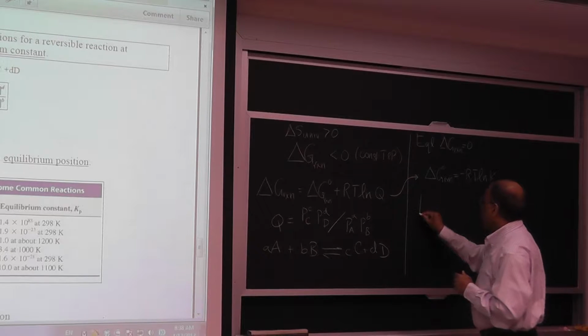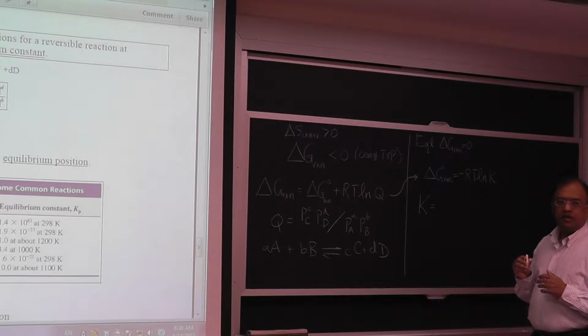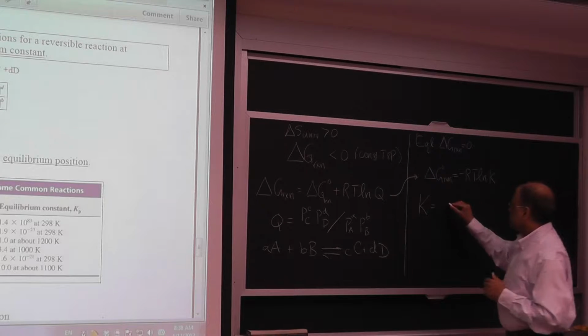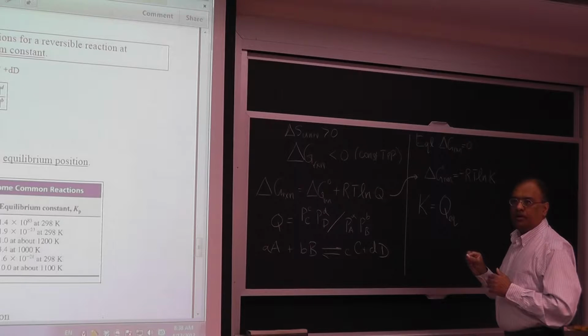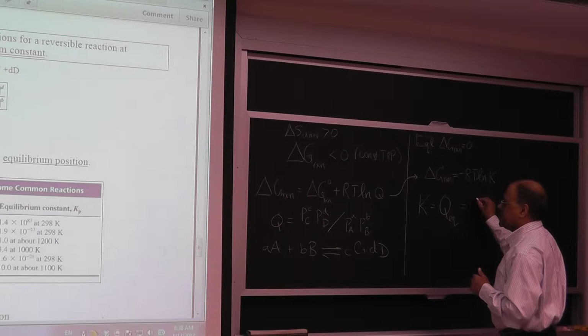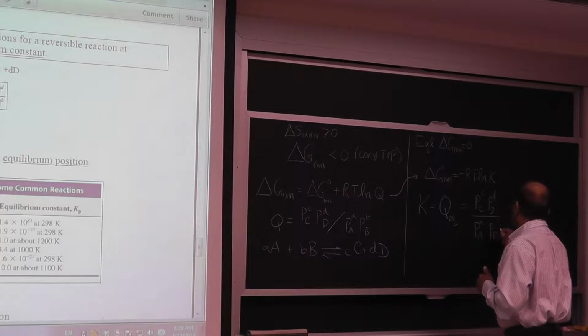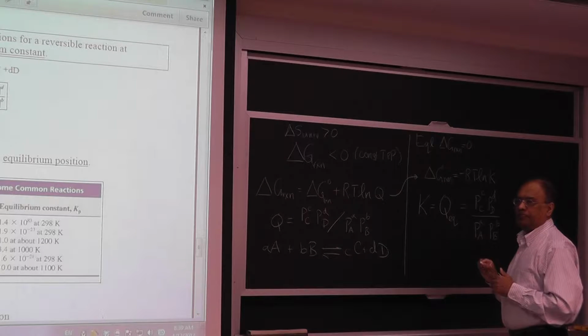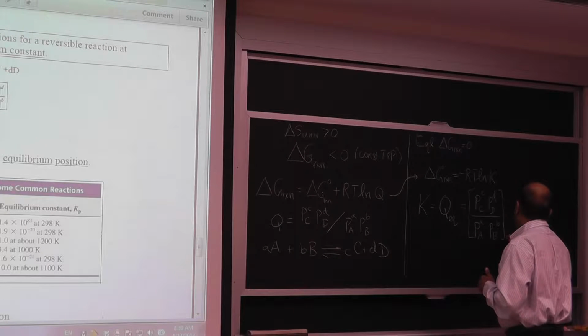And K, what is K? The reaction quotient at equilibrium, and therefore that's equal to the partial pressure of C to the power C, partial pressure of D to the power D, over partial pressure of A to the power A, partial pressure of B to the power B, all evaluated at equilibrium.